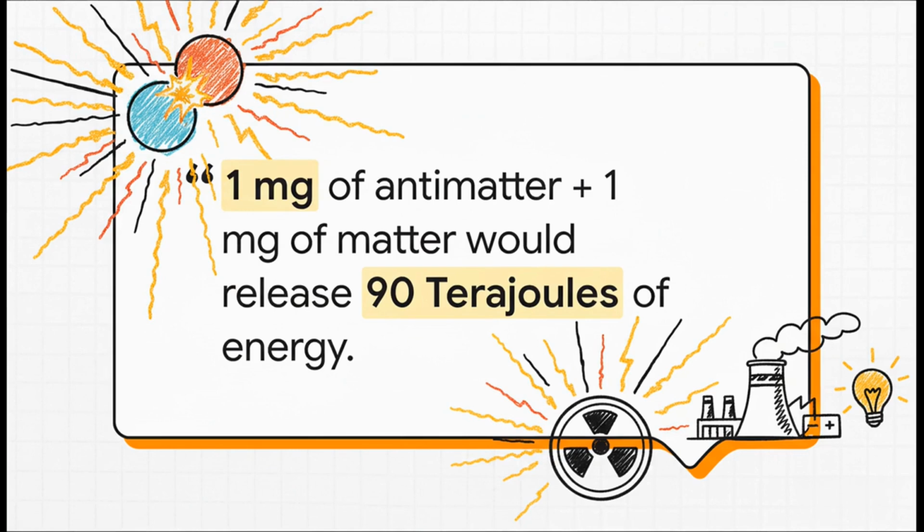Okay, but let's be totally clear here. We are nowhere near doing this. The sheer difficulty and the astronomical energy cost of producing and storing even a few antiparticles makes this pure speculation, at least for the foreseeable future. But what it does do is powerfully highlight the immense potential that's locked away inside the physical laws that this kind of research is helping us understand.